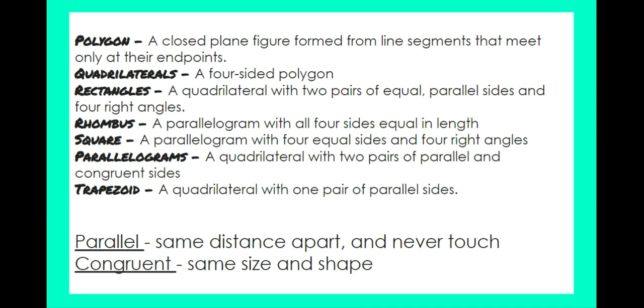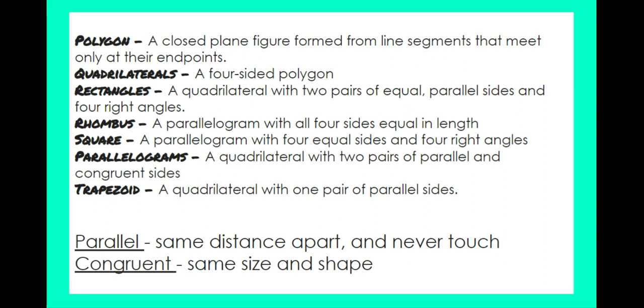Just like within the previous videos, we have a list of vocabulary words that are needed for this. We have polygon, quadrilateral, rectangle, rhombus, square, parallelogram, as well as trapezoid. That's what we're going to be focusing on today.